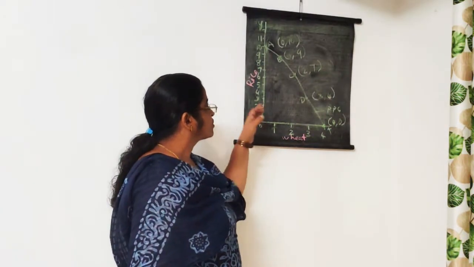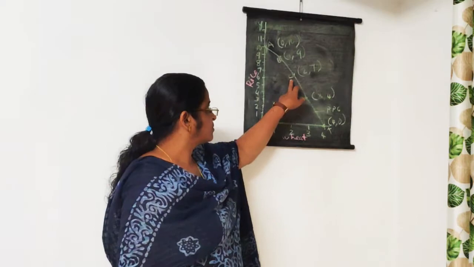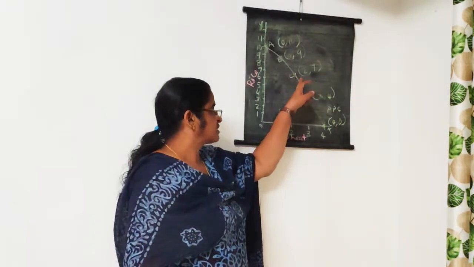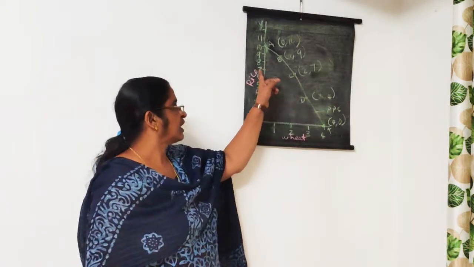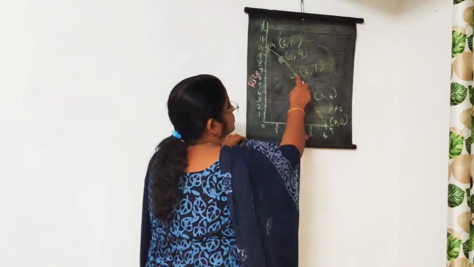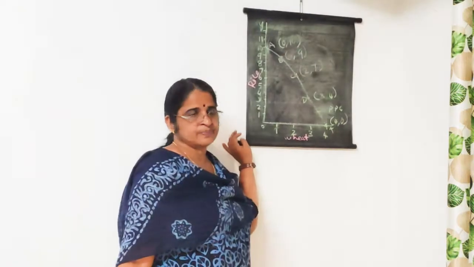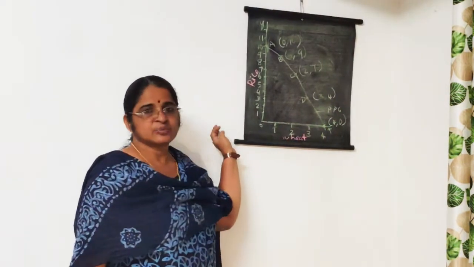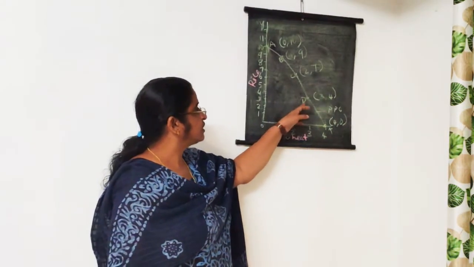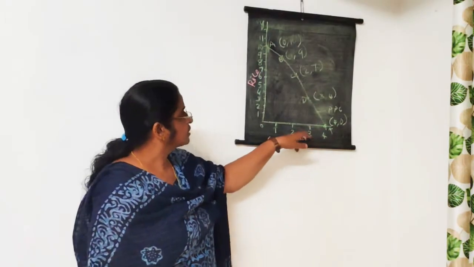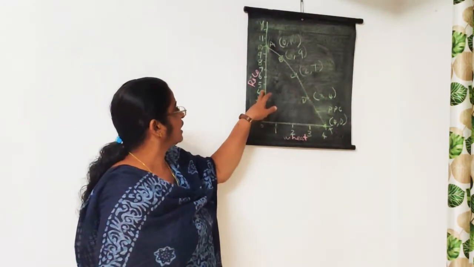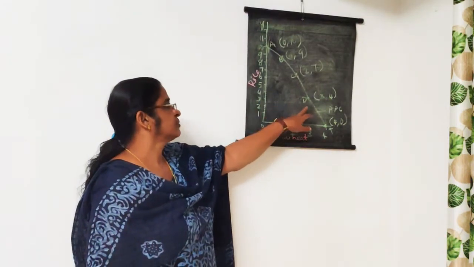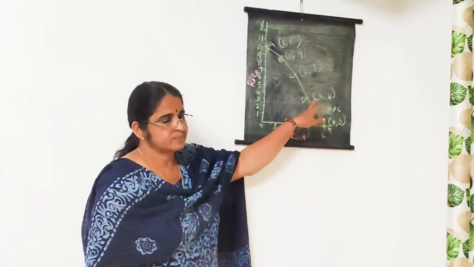And possibility C gives us a combination of 2 units of wheat and 7 units of rice. Possibility D gives us 3 units of wheat and 4 units of rice.